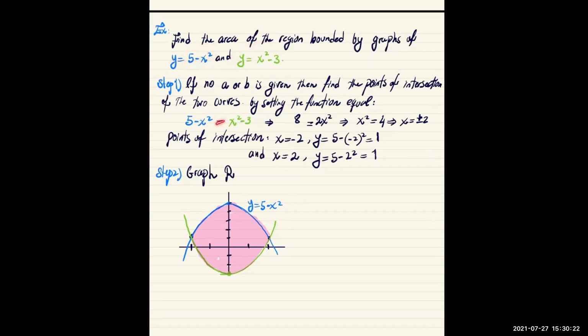So the two expressions are the same at -2 and 2. You get the same thing. And I tried, right? If I plug in -2, -2 squared minus 3 is 4 minus 3, that's equal to 1. Get the same thing.